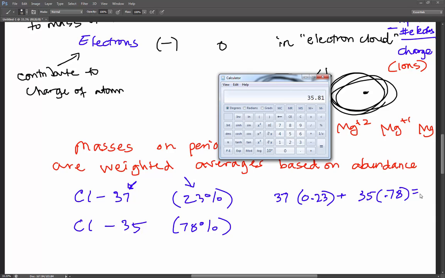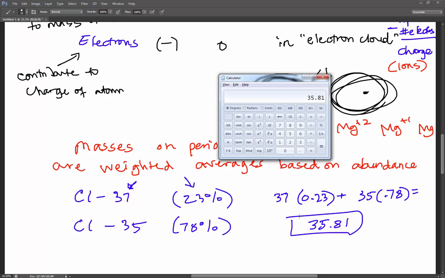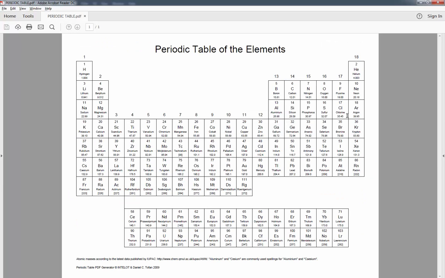And so if I was reporting these values, I would say it appears that given these numbers, the average mass of a chlorine atom in a naturally occurring sample is approximately 35.81 atomic mass units. And so that's how they get, for instance, the masses that are on the periodic table here. So chlorine is reporting 35.45, bromine is reporting 79.9.